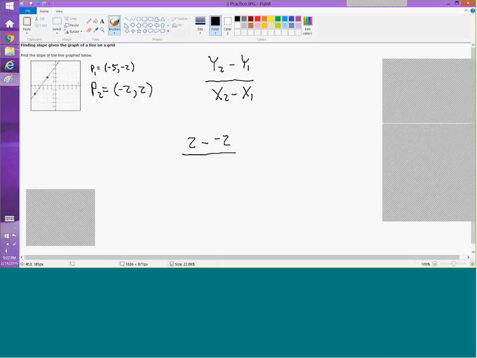And my x2 is negative 2, and my x1 is going to be a negative 5. Minus negative 2 is the same thing as 2 plus 2, so that's 4. Negative 2 minus negative 5 is the same as negative 2 plus 5, which is 3.